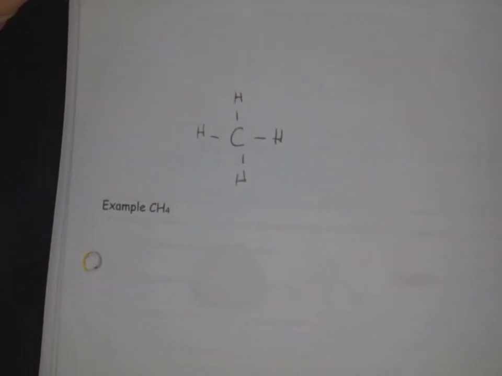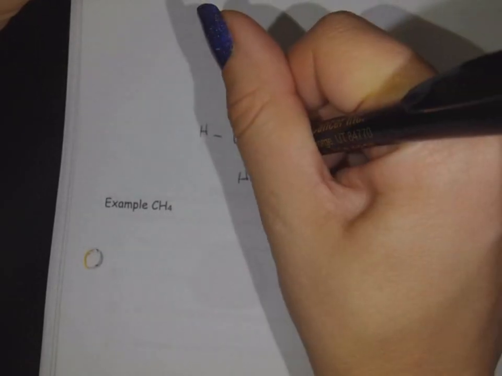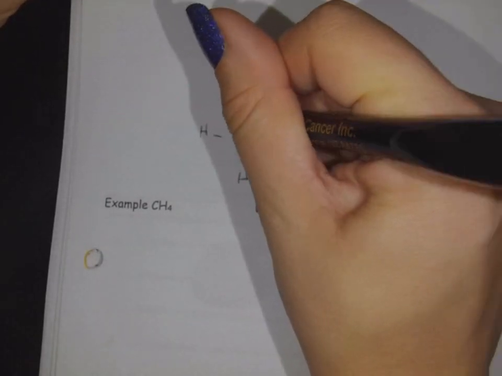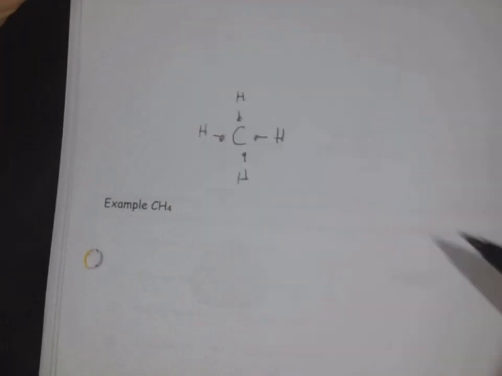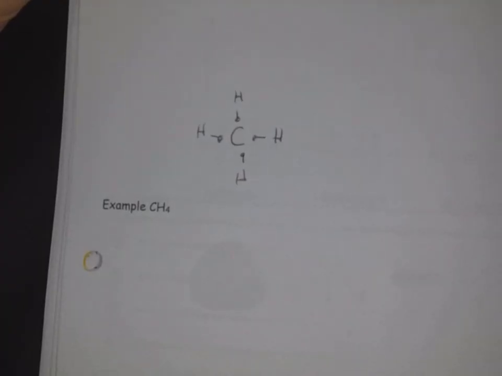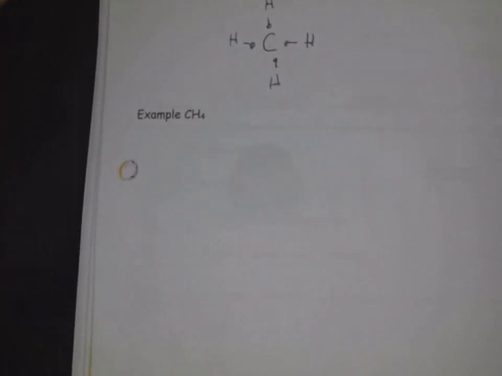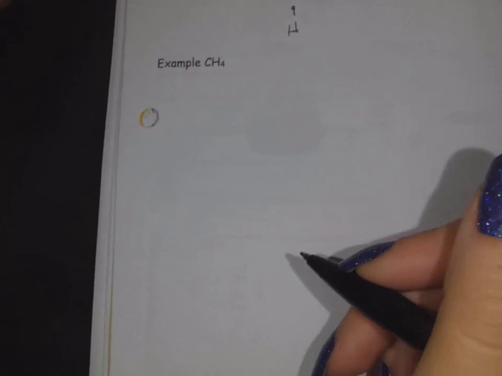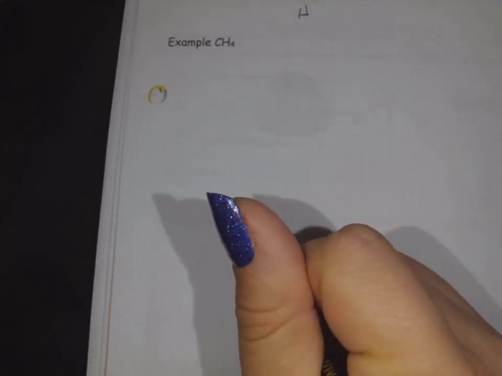Okay. What we see is carbon has 4 valence electrons, and it's sharing 4 valence electrons. Now, this is interesting, though, because if we think about a neutral carbon, and I'm going to do an orbital diagram.